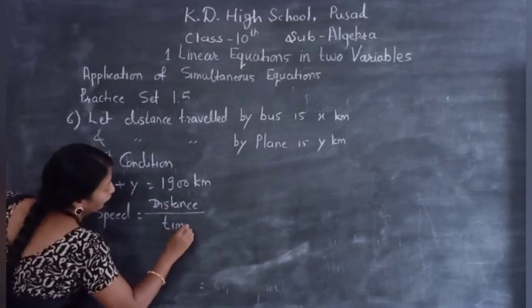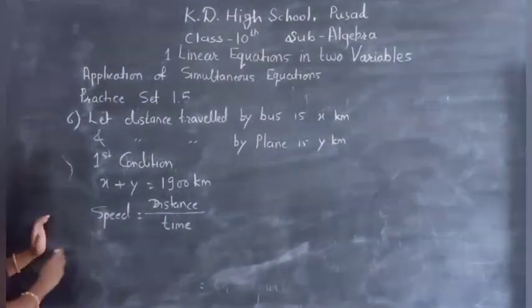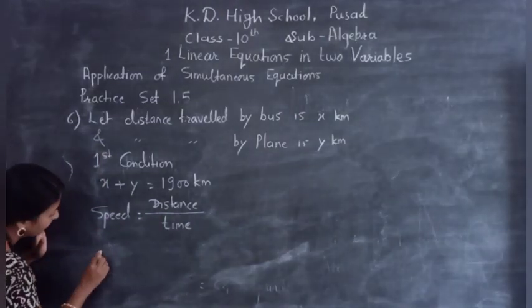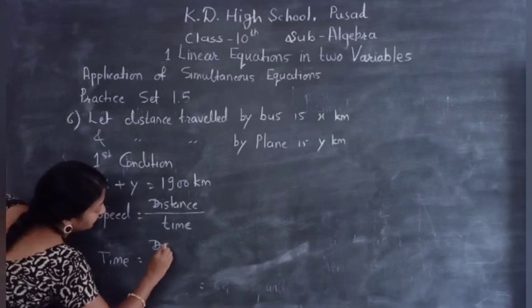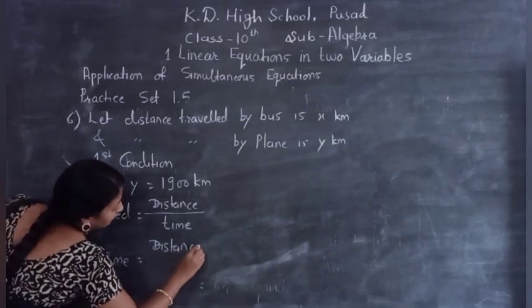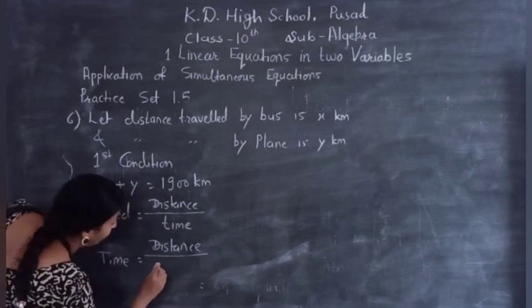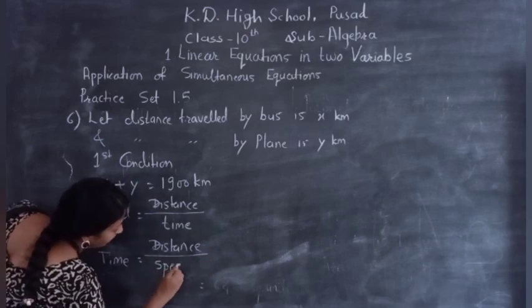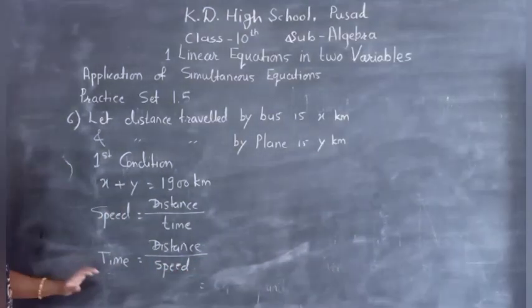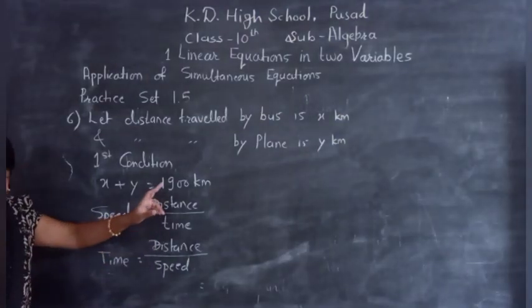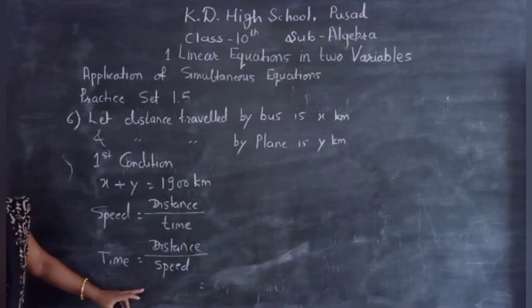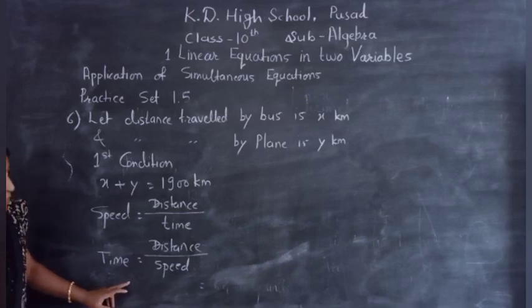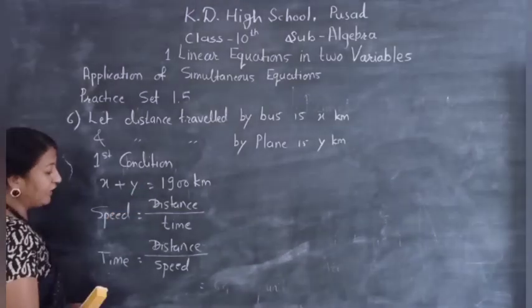As we are given the total time, we change our formula, that is, time is equal to distance upon speed. Speed is given as 60 kilometer per hour for the bus and 700 kilometer per hour for the plane.